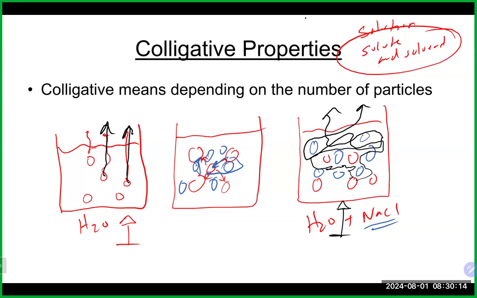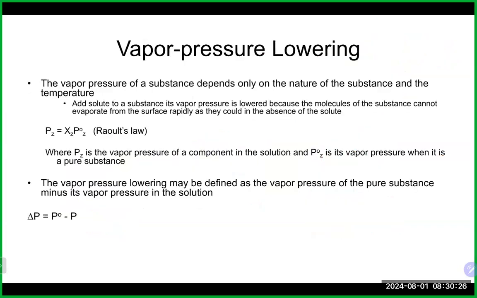Usually the more particles that have been dissolved in that solution, the greater the effect on things like freezing point, boiling point, and vapor pressure. Questions on that? So the first effect we're going to talk about is vapor pressure lowering. And remember that vapor pressure is the pressure exerted by the gas molecules that escape the liquid phase.